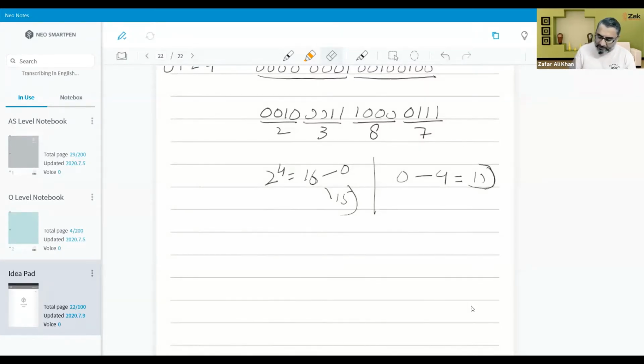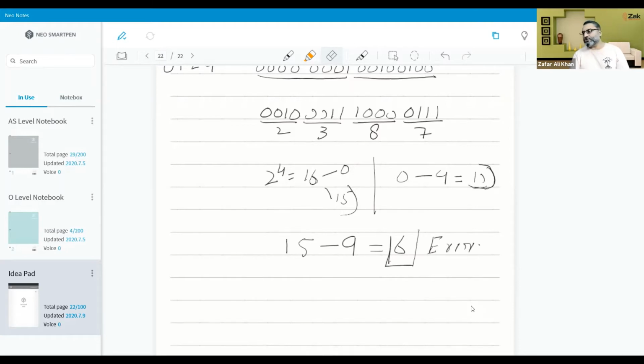And what is that difference? The largest number that you can create in 4 bits is 15. And what is the largest number in denary? That is 9. So there is a difference. This difference is termed as error.